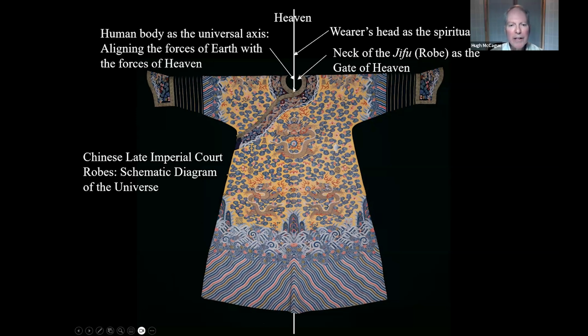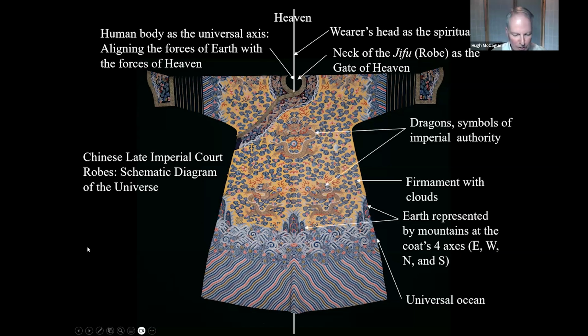And the human body in the robe would act as the universal axis, aligning the forces of earth with the forces of heaven. Let us pull a variety of these things together that we've just spoken about, and we'll apply these now in our meditation.